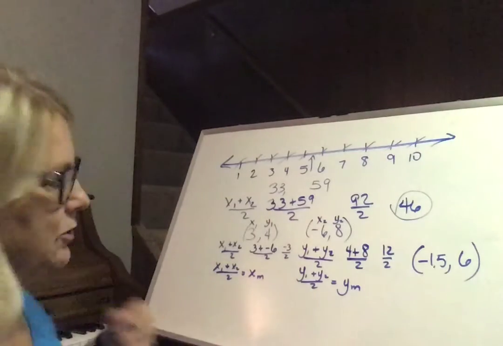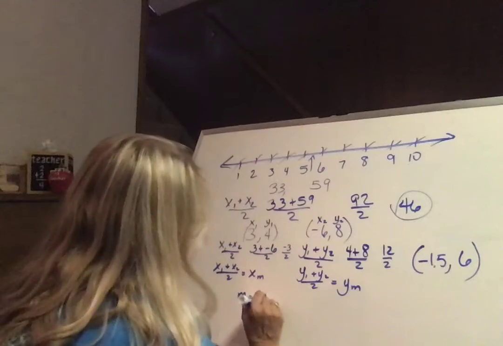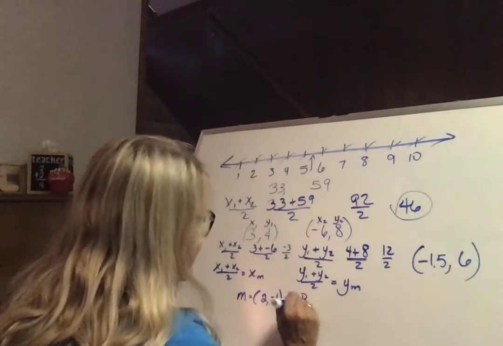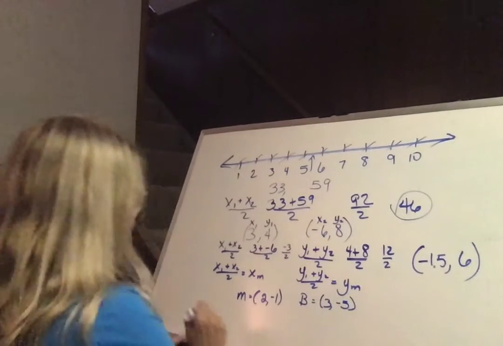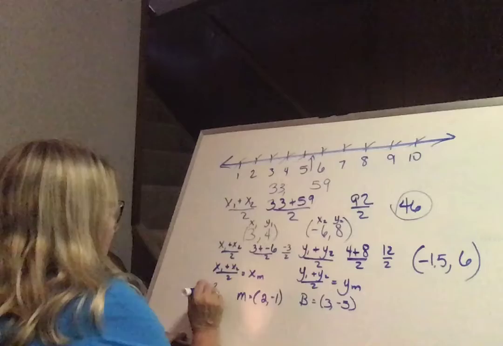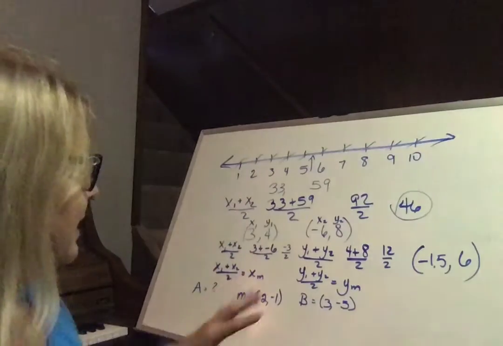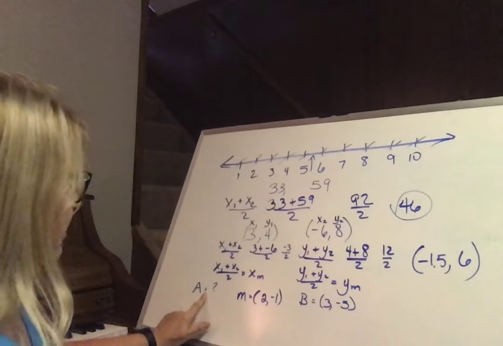So then they'll give you things like: the midpoint is (2, -1), and one endpoint is (3, -5). What's the other endpoint? We put it in that same formula. The first x, we don't know.